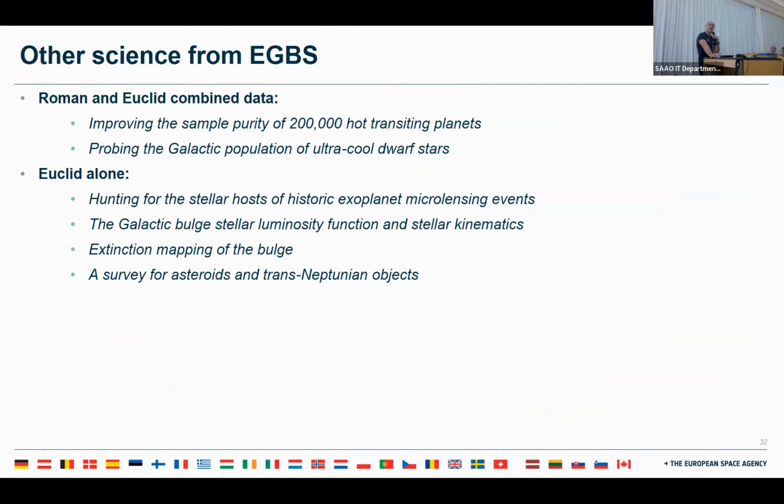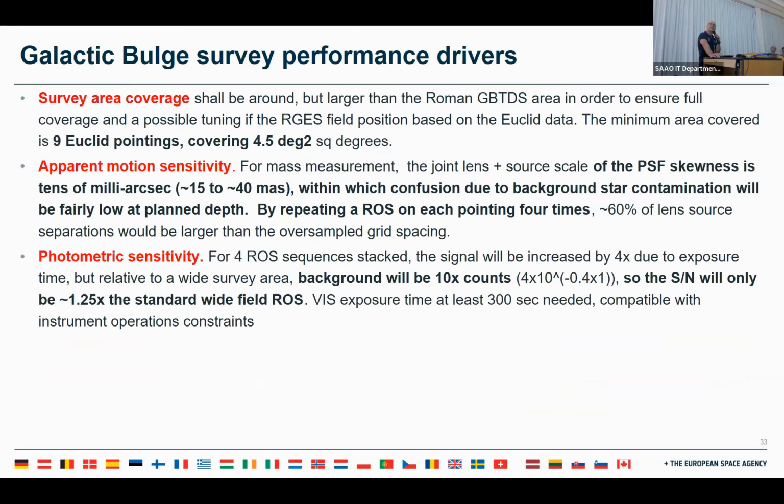But there are some other science opportunities as well. Okay, the performance drivers. First of all, we only accepted requirements from microlensing when the survey was implemented. Basically, the survey location and the area coverage follow the Roman fields.